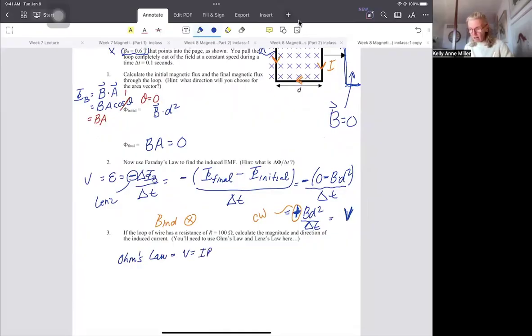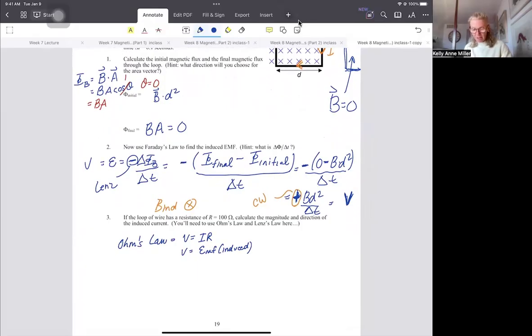So V equals IR. We know that V is the same as the induced EMF. In fact, those have the exact same meaning. It's just two different words for the same thing. So I'm asked for the current. So the current is just going to be the EMF divided by R.